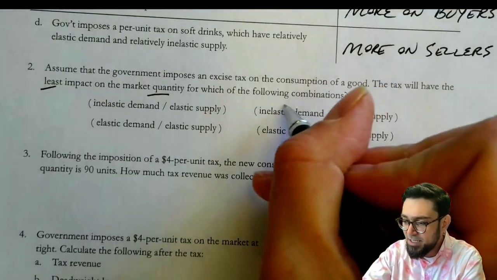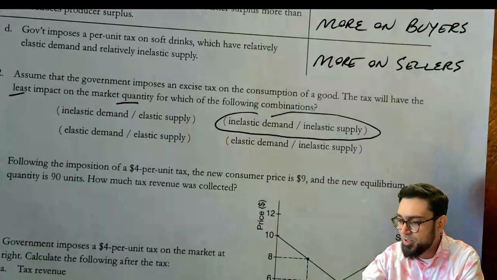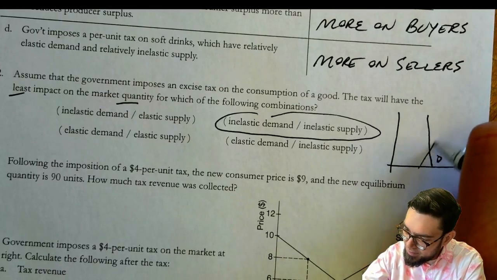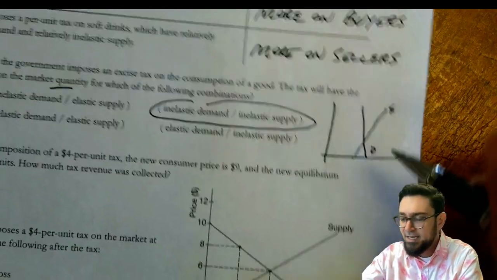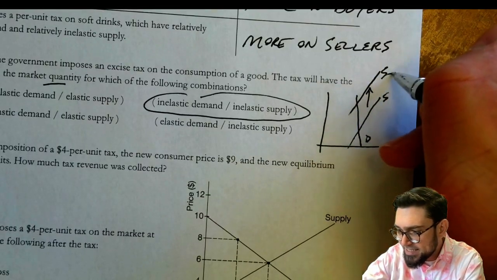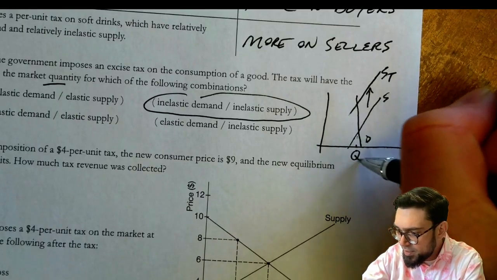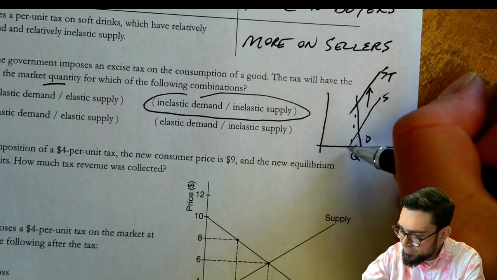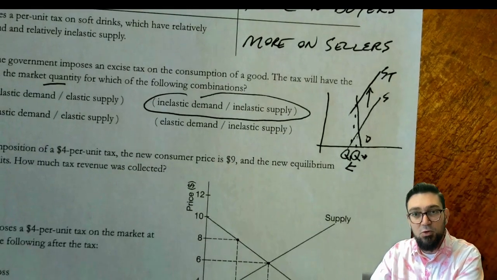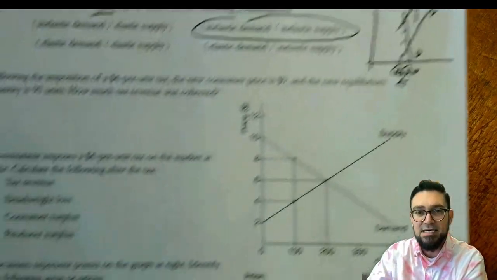So it's actually going to be inelastic demand and inelastic supply. Because what would end up happening is you have a demand curve like that and a supply curve like that. And if they impose even a really big tax, it's going to shift that supply curve up to S tax. But you can see our quantity went from Q star to Q1, and I can barely even fit in the decrease in quantity because both of them are so inelastic.